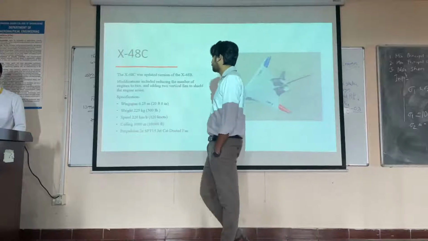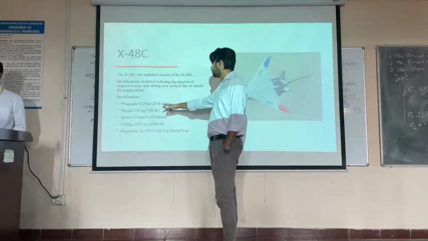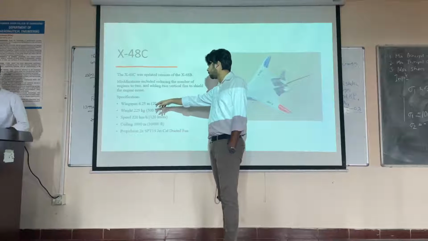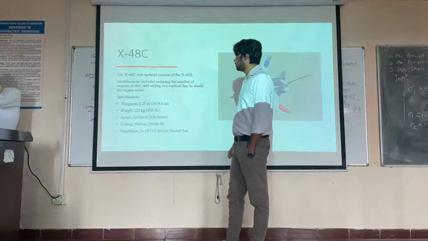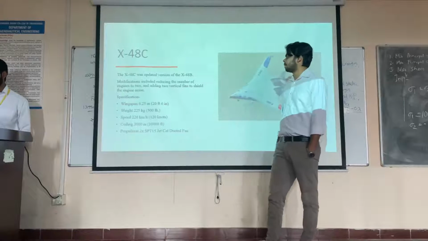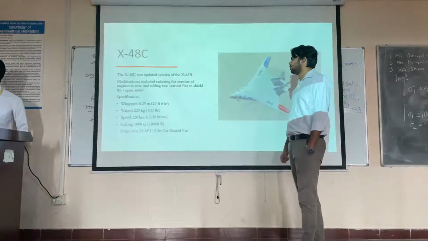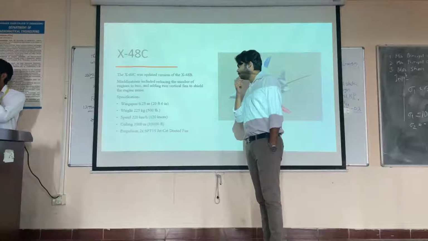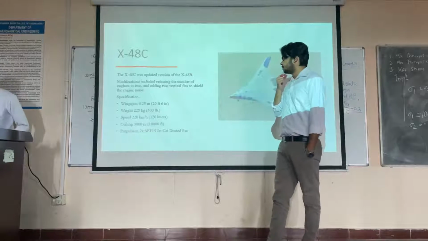Let's talk about some of its specifications. It has a 6.25 meter wingspan and a weight of 225 kg, and it can go up to 220 km per hour and climb up to 3,000 meters.